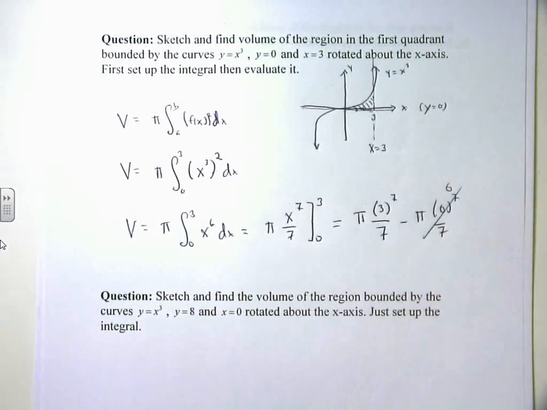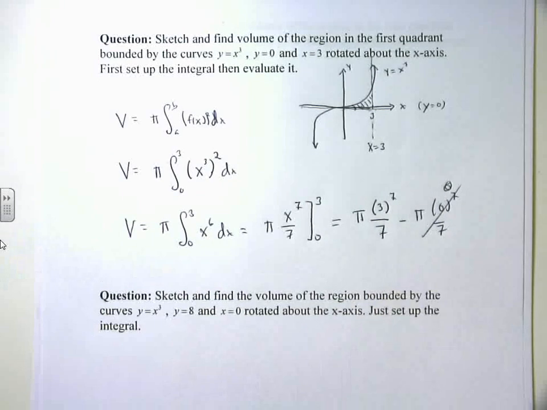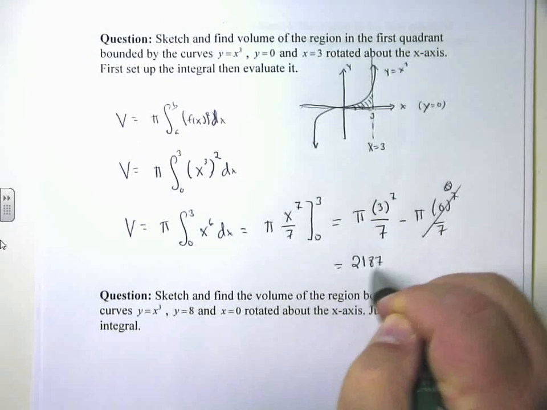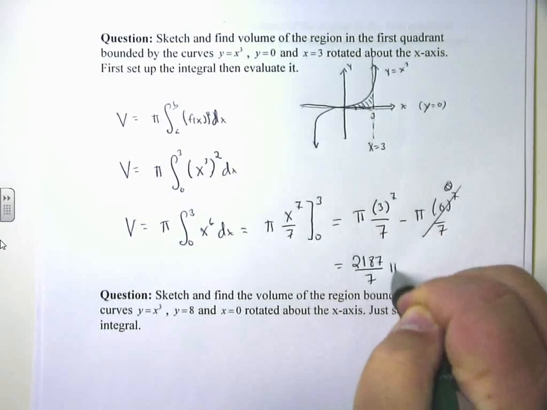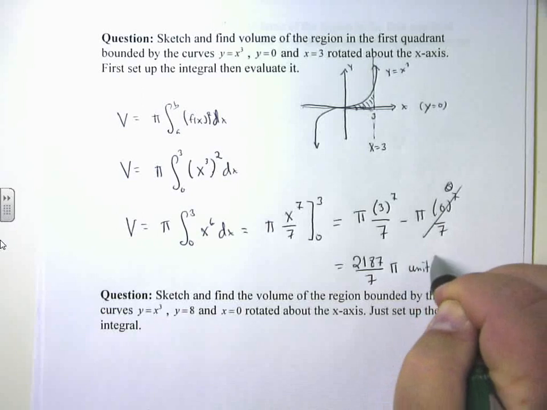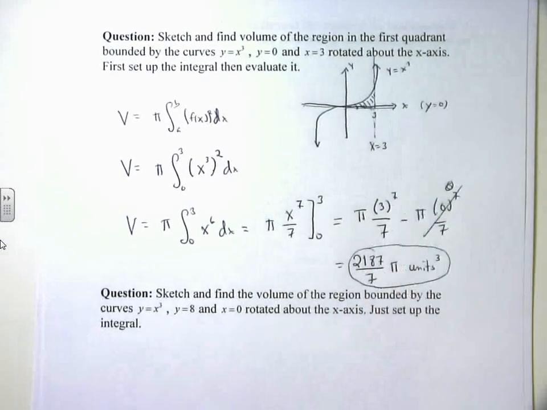Now that's 0, so that goes away. So 3 to the 7th, it's nothing but a number on the calculator there. That's 2,187 over 7, and don't forget your pi on it. But this time it would be units cubed, because you found the volume in rotating this region.